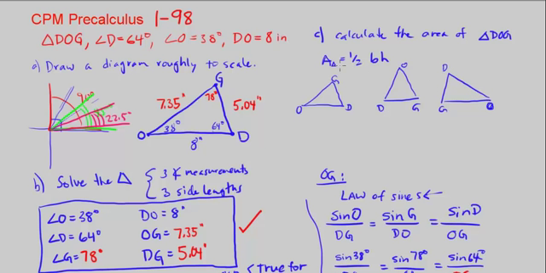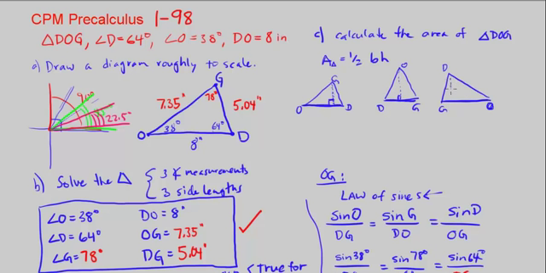Okay, so we know the area can be calculated as base times height. We could use any one of these bases, but if we use side OD as the base, the height is going to be this. At a 90-degree angle, we connect angle G to the base, because the height is the height at a 90-degree angle.